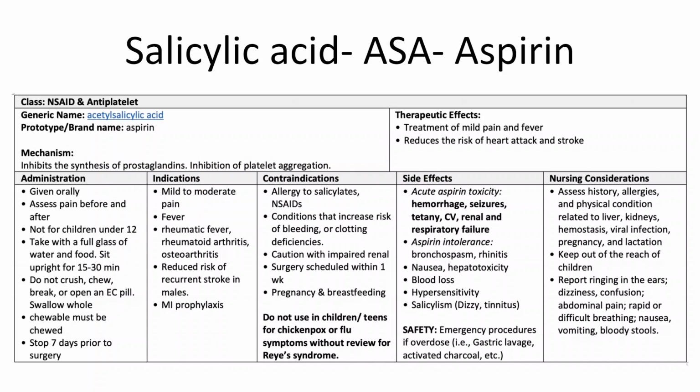The specific indications are rheumatic fever. In the pain produced by rheumatism, salicylic acid has a very specific role. In all other fever conditions aspirin was also used, though not as popular as paracetamol, but it can be used, and it's also used for relief of mild to moderate pain, particularly deep seated.